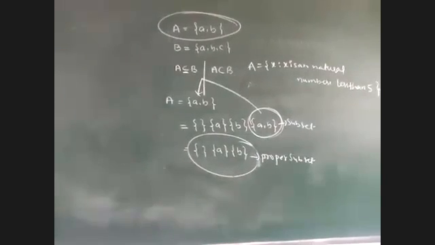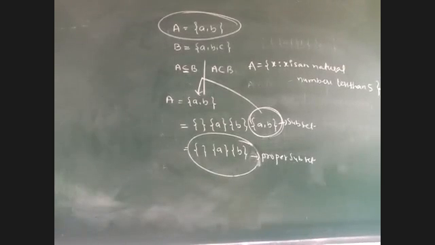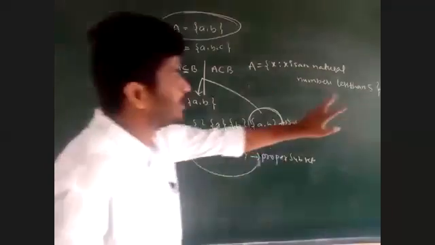It means the numbers 1, 2, 3, 4. That's all. You should not take 5, right? Less than 5 means you should not take 5, only up to 4.